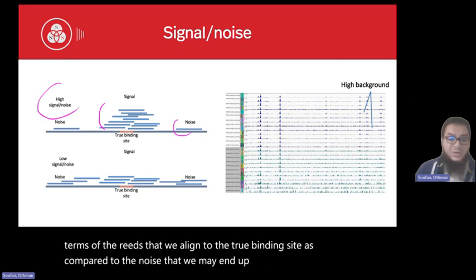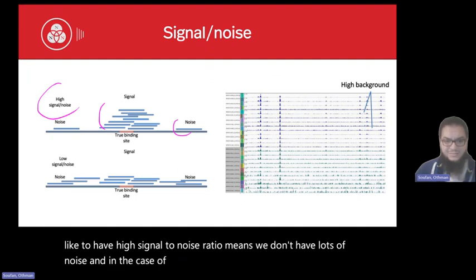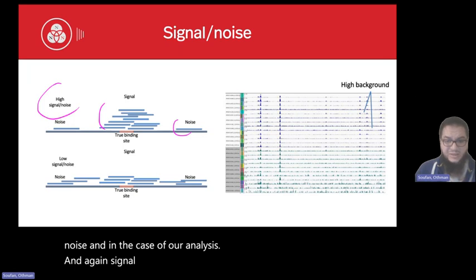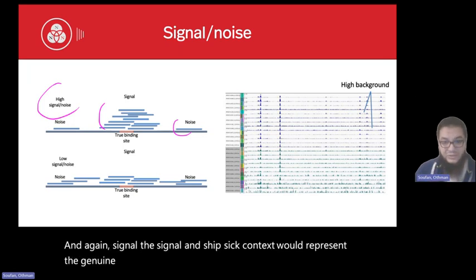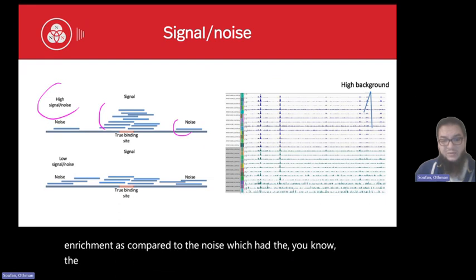We usually like to have a high signal-to-noise ratio, meaning we don't have lots of noise in our analysis. The signal in the ChIP-Seq context represents the genuine binding sites of the protein of interest to the region of enrichment, as compared to the noise, which is the background level of reads.